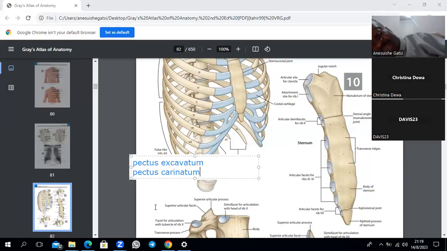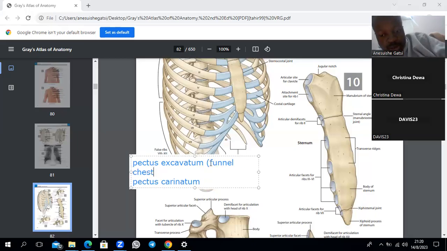So pectus excavatum is where the thoracic cage sinks inward, and it's also called a funnel chest. Then pectus carinatum is a chest that is bulging out. That's what we call a pigeon chest.